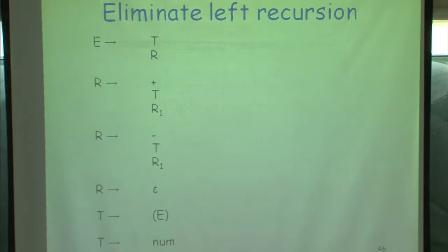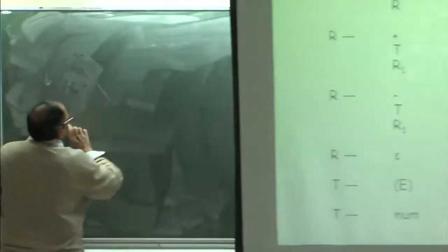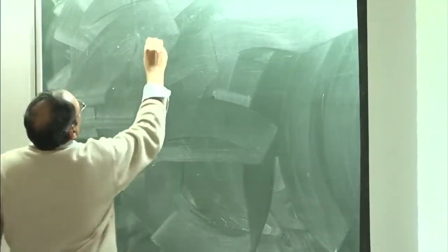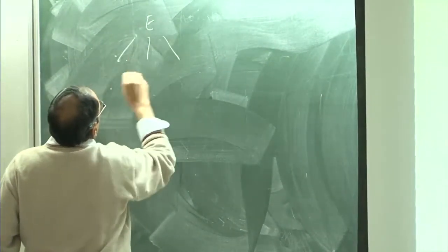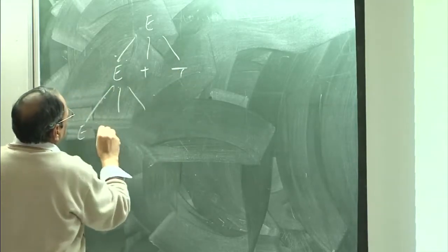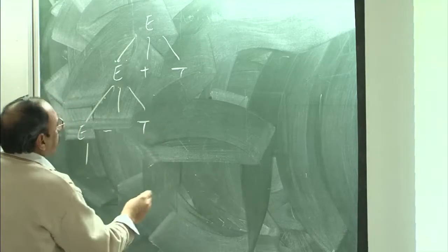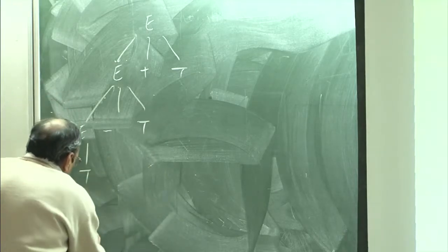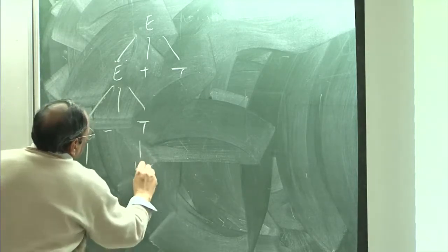Now, if I compare the two grammars, how will my parse trees look? Let us look at this grammar. It will go down like this: E goes to E plus T, then E goes to E minus T, and then E can go to T, and T can go to num, and the others go to num.